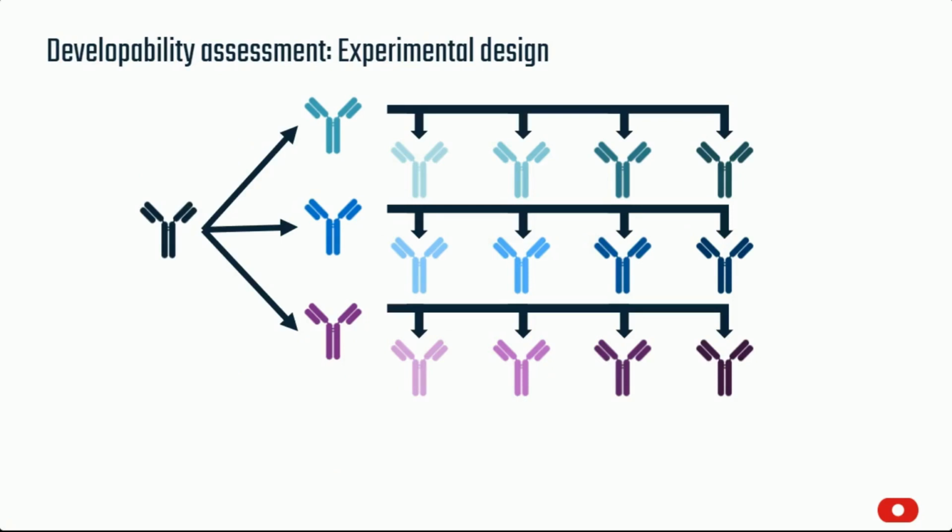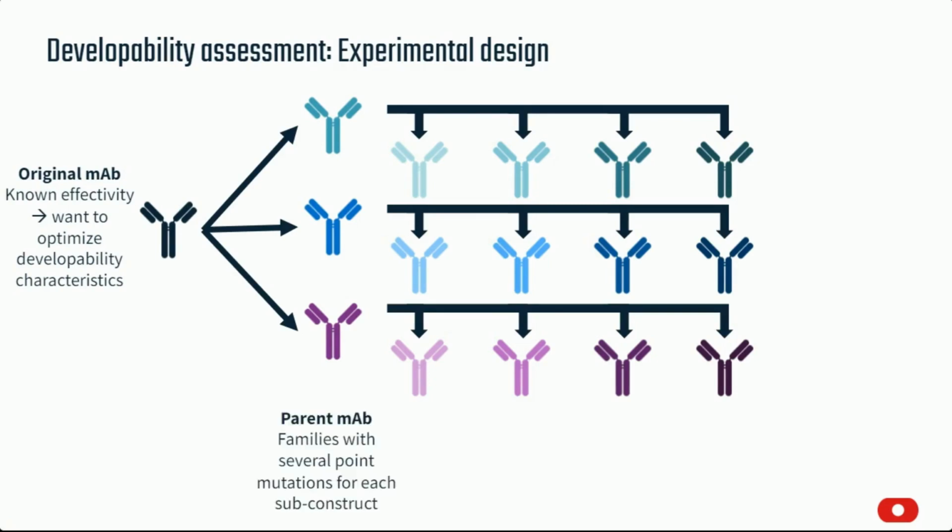Now, in this particular case, Merck's goal was to try and optimize the biophysical properties of an originator monoclonal antibody. What they did from there is they made some rational changes to those originators to make the parent monoclonal antibody generation more stable. Again, these were modifications that were known to confer some stability advantages.